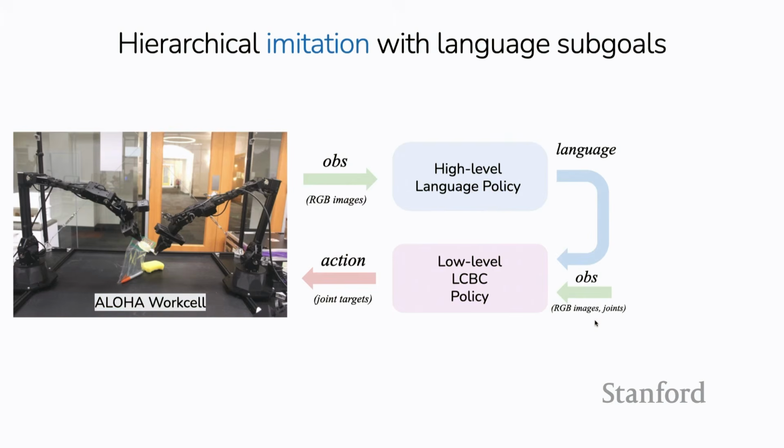Generally it's okay to have this sort of mismatch between observations for the high-level and the low-level policy. And then the low-level policy outputs joint commands. The low-level policy operates at 50 hertz. I can't remember the exact frequency of the high-level policy, but I think it's something around 1 hertz.